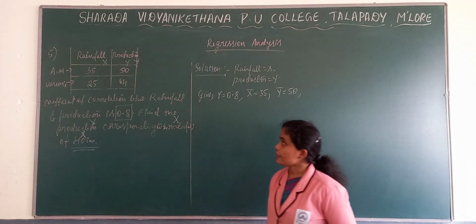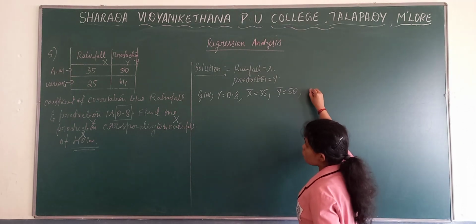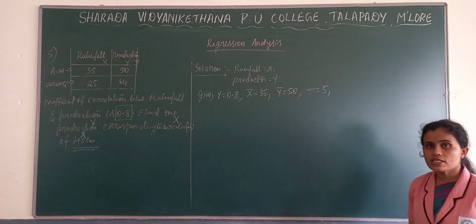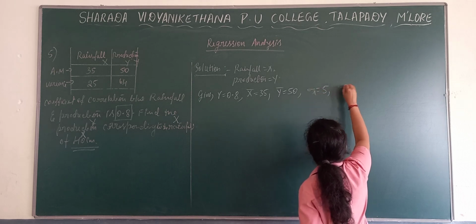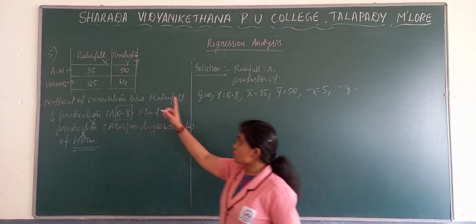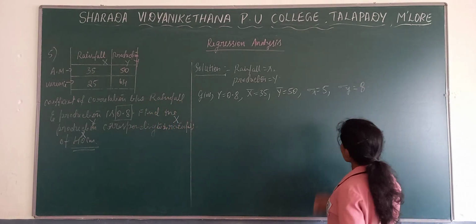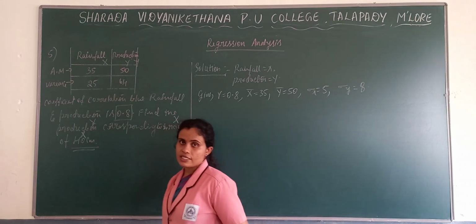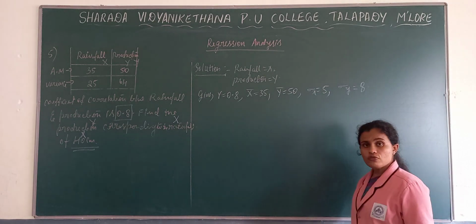We require standard deviation. So if variance is 25, what is the standard deviation? Standard deviation is 5. And again, standard deviation of x, then standard deviation of y. If variance is 64, what is the standard deviation? Standard deviation is 8. Because the root of variance is standard deviation. Variance is the square of standard deviation.